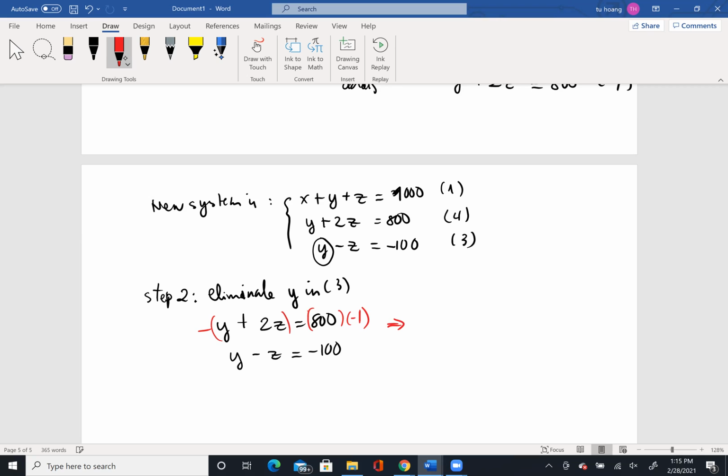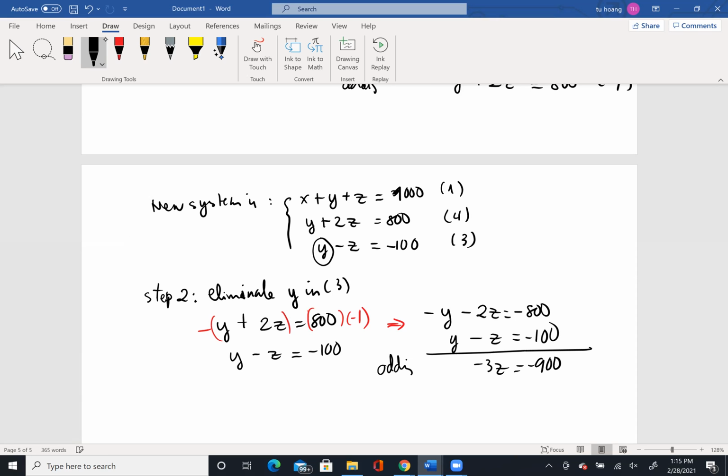So I will get negative y minus 2z equals negative 800, and y minus z equal to negative 100. Okay. Now adding, I have 0y minus 3z equal to negative 900. And then I just divide both sides by negative 3, and I will get z equal to 300.